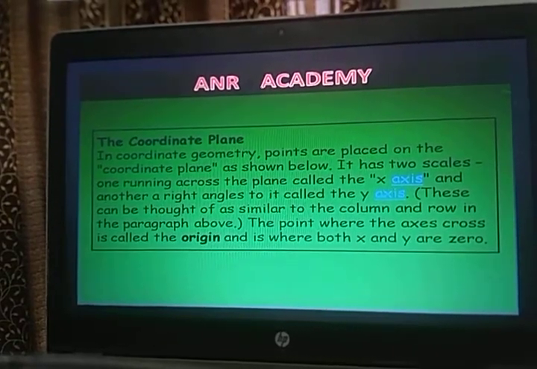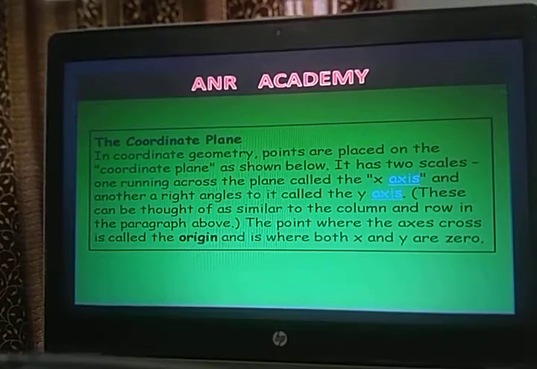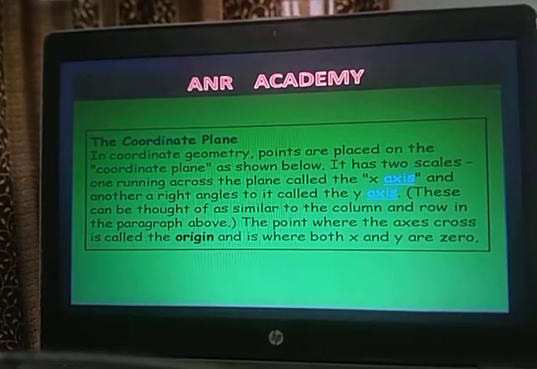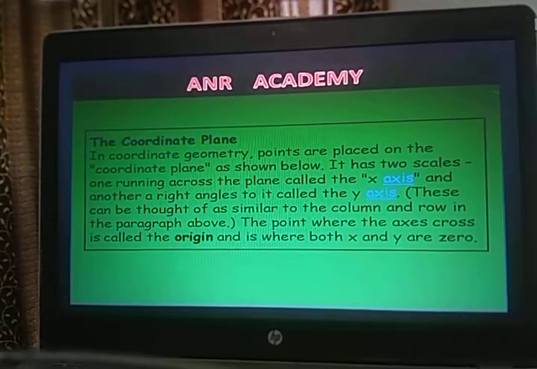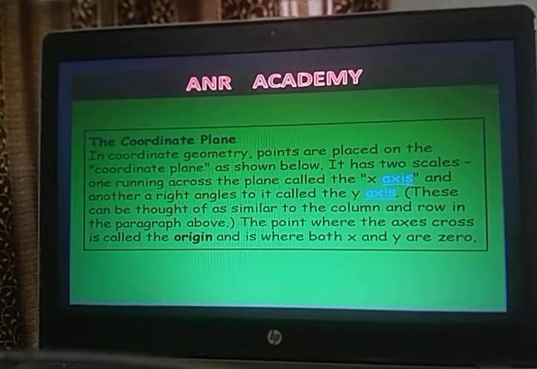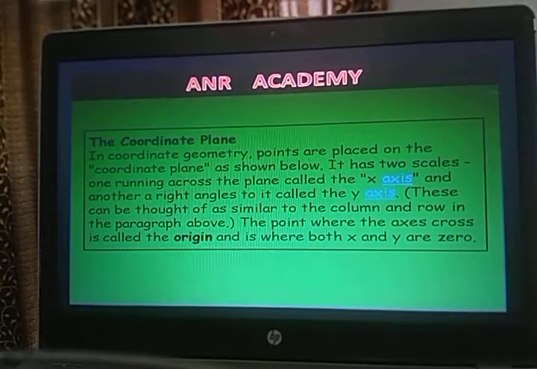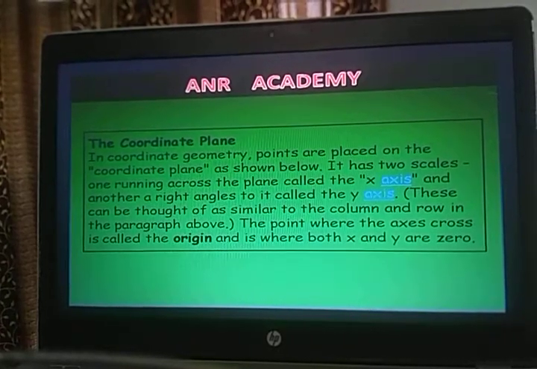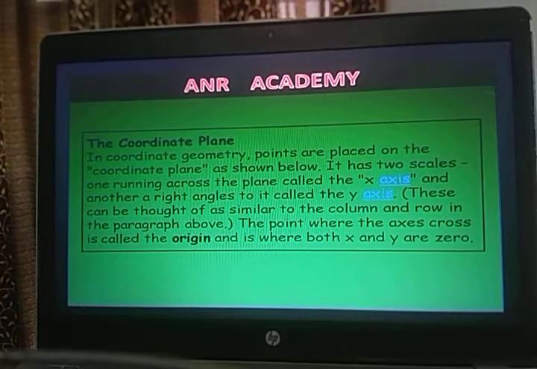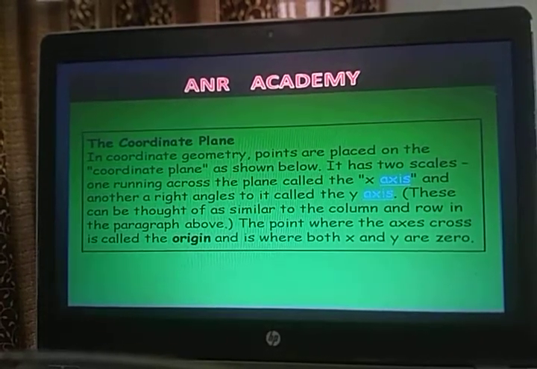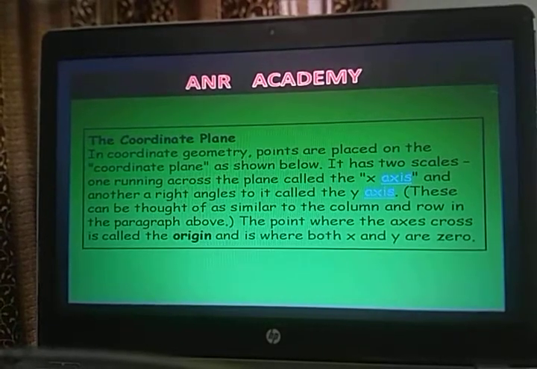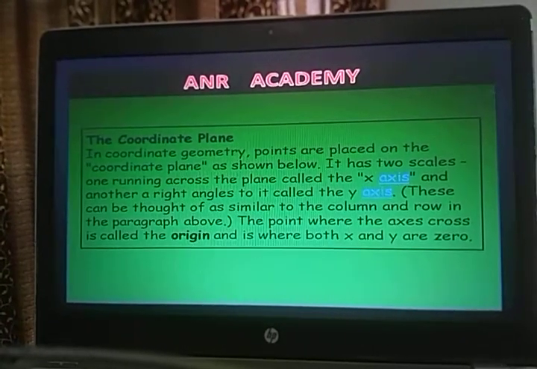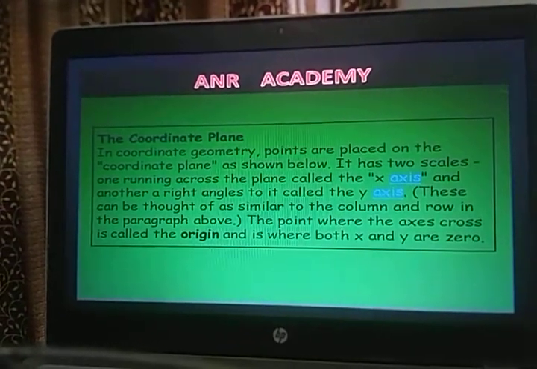Previously we took one grid, so here the x-axis and y-axis can be taken as column and row. The point where the axes cross is called the origin, and is where both x and y are zero.